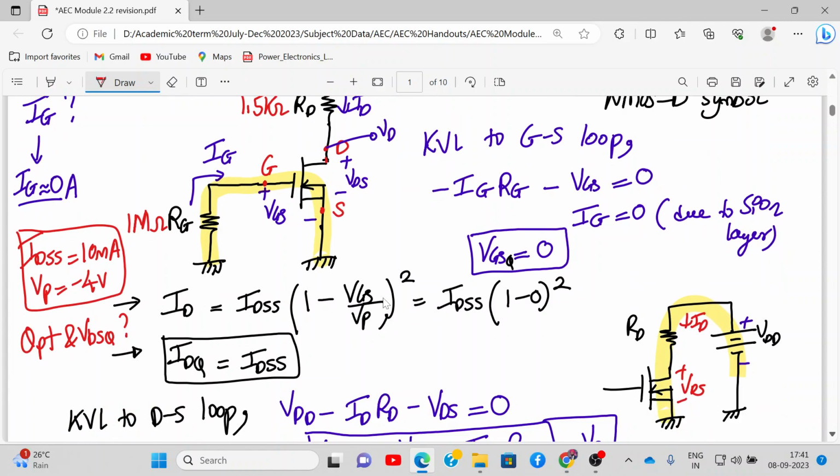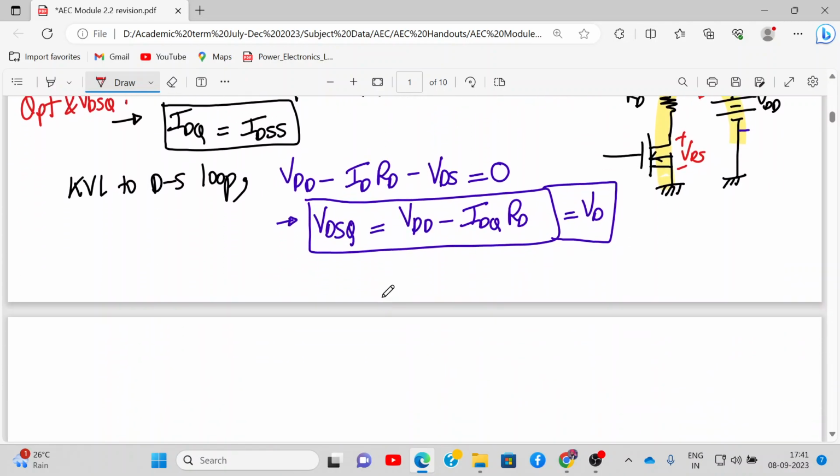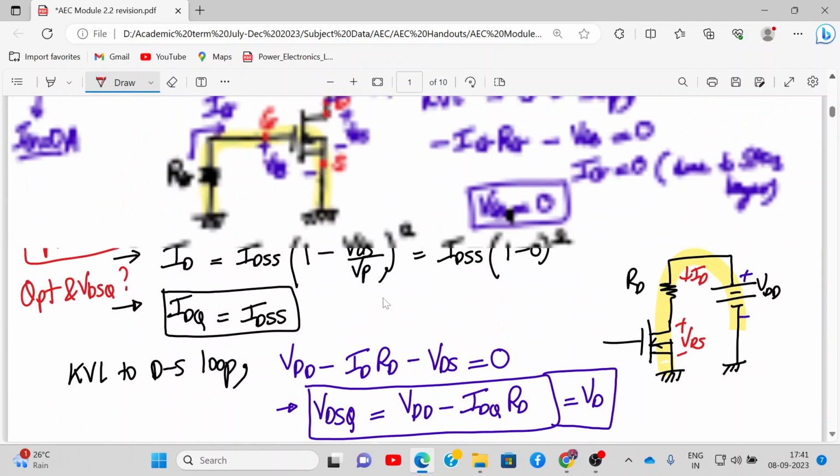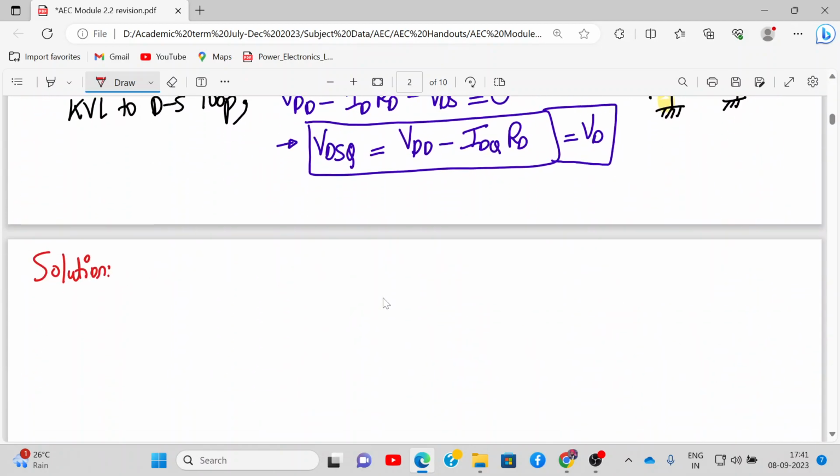So please do that. First write down the numerical, solution, and supply voltage is 20 volt. First write down VGSQ is 0. Second step, IDQ is equal to IDSS, that is equal to 10 milliampere.